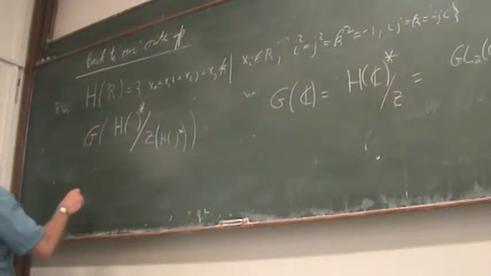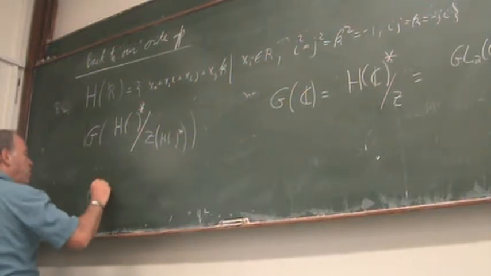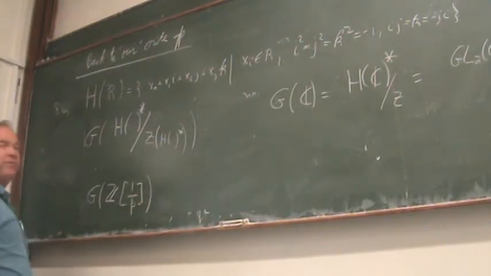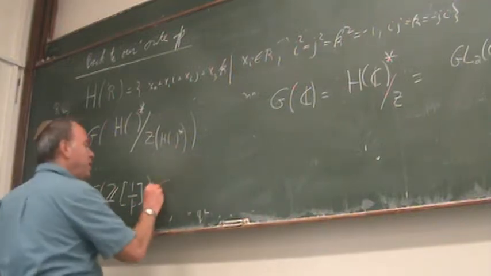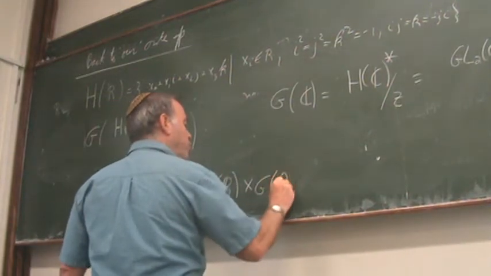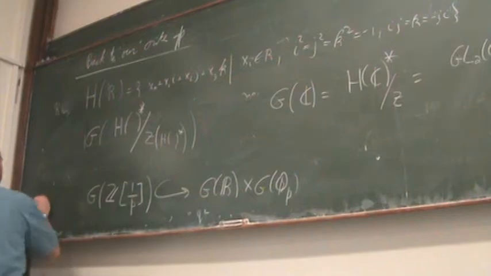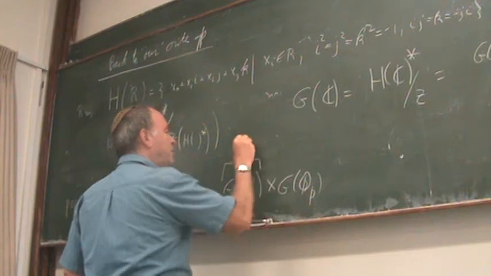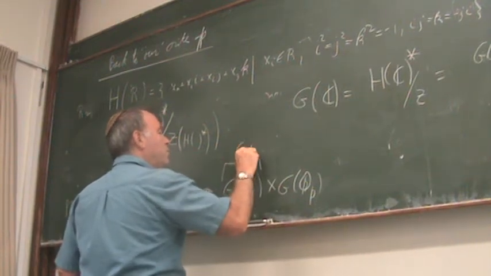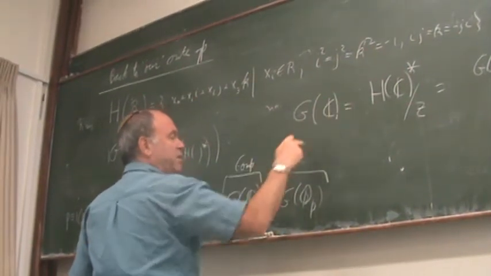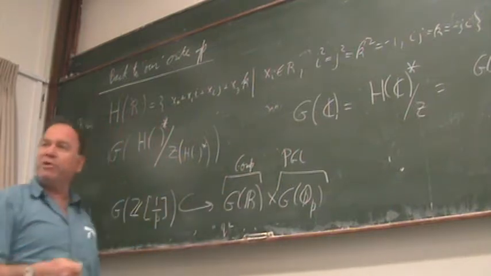Okay, now let me recall that we looked at G of Z[1/p]. You remember, this was really what we studied. We look at Z[1/p]. This sits inside G of R cross G of Qp, p odd, and we even assume that p is congruent to 1 mod 4. Now this is compact, and this is isomorphic, we saw that by the same argument basically, because the quaternion algebra splits over Qp.